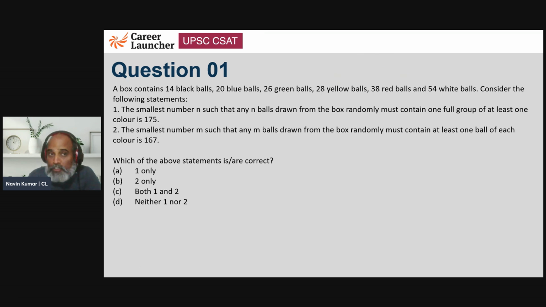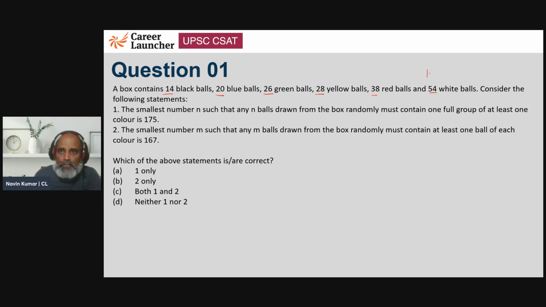A box contains 14 black balls, 20 blue balls, 26 green balls, 28 yellow balls, 38 red balls, and 54 white balls. So we have a total of 26 plus 14 is 40, 40 plus 20, 60, 78, 78 plus 38 plus 54, that is 92, 78 plus 92, it's going to be 180, right?